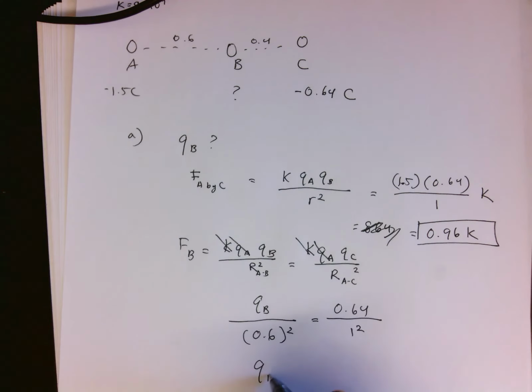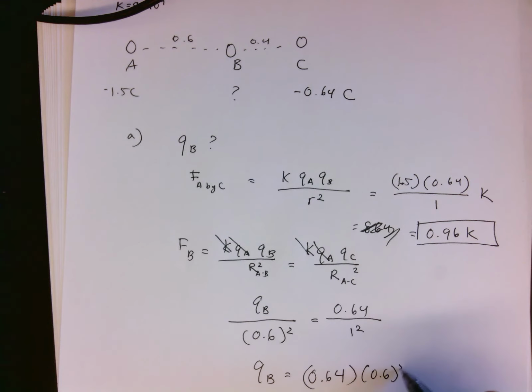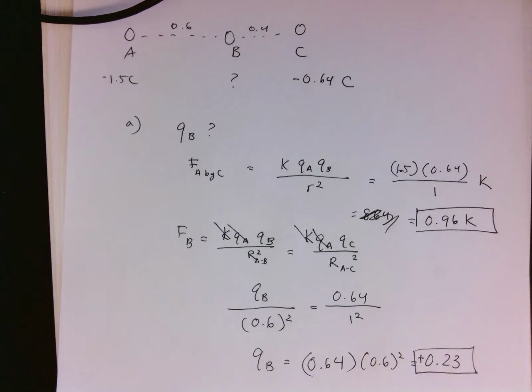So the charge of B is equal to 0.64, which is the charge of C, times 0.6 squared, which is equal to 0.23, and it's positive, like we said, because it attracts charge A.